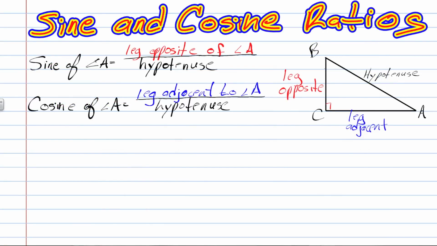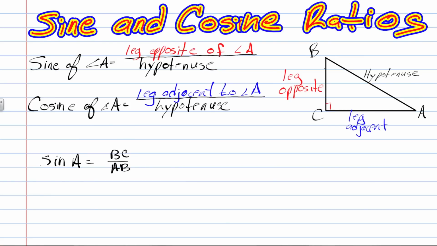Here we have the sine of angle A, and that's equal to the length of the leg opposite angle A over the hypotenuse. Simplifying, the leg opposite angle A is BC, so the sine of angle A is BC over AB, the hypotenuse.